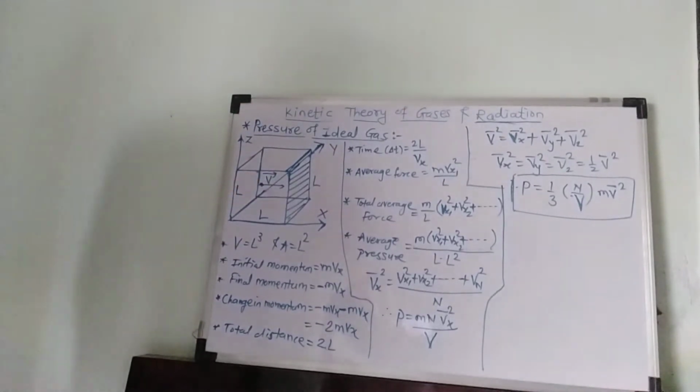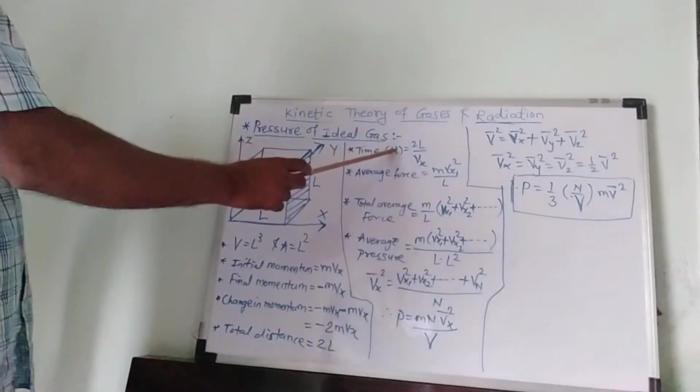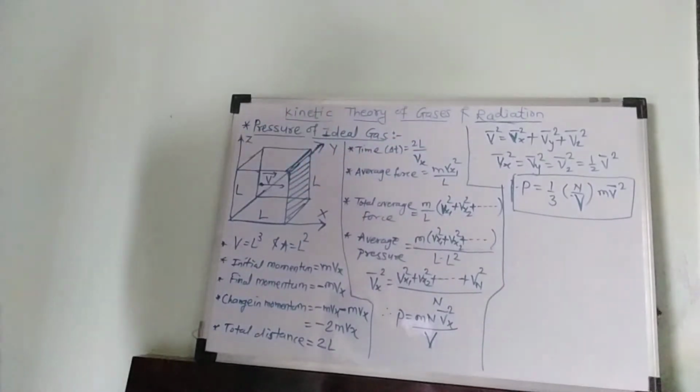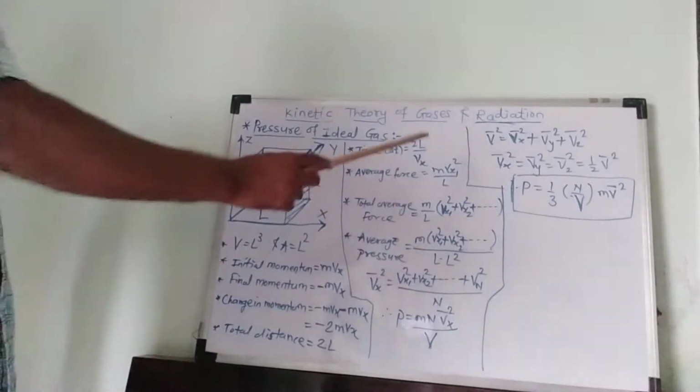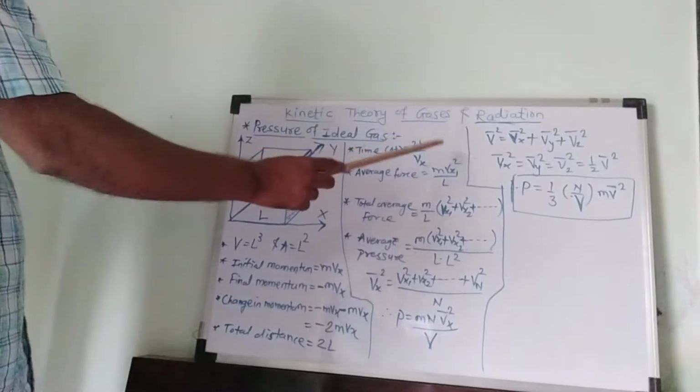The total time delta t is distance upon velocity, and therefore 2L upon Vx.